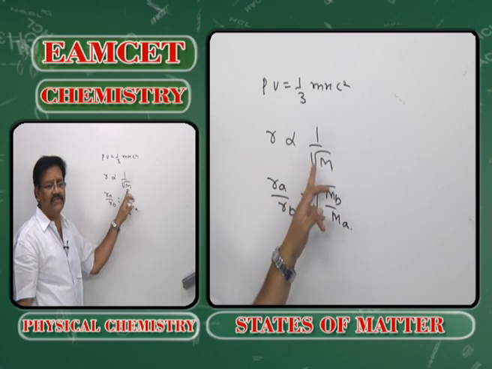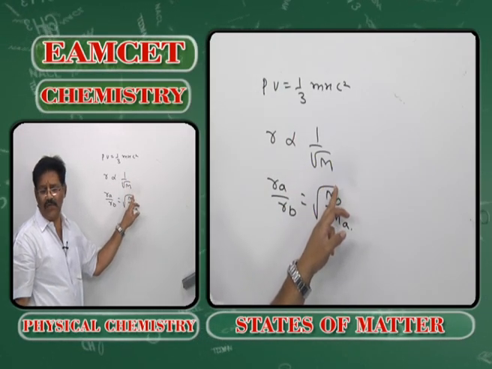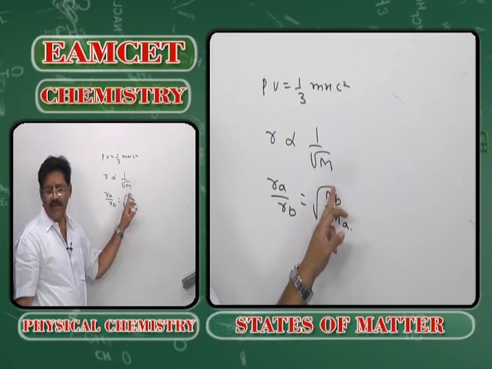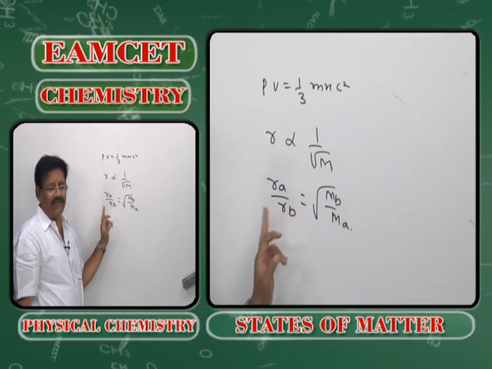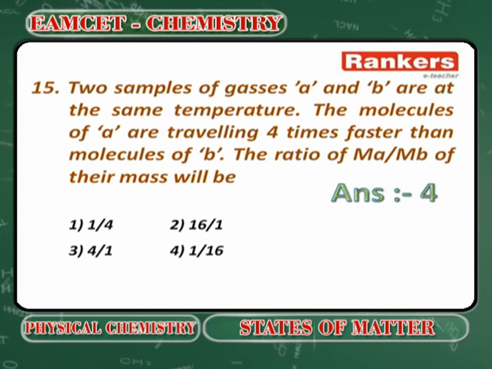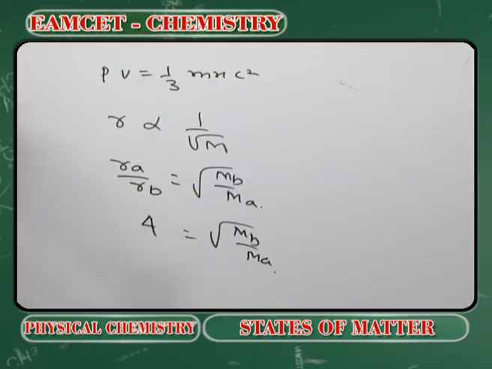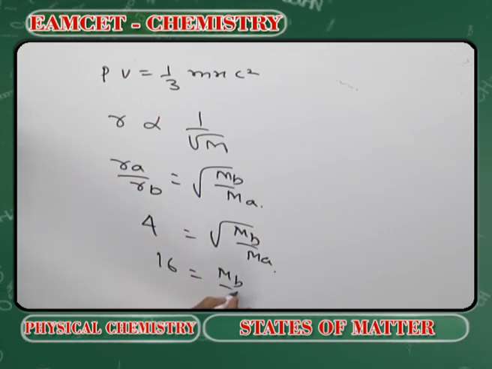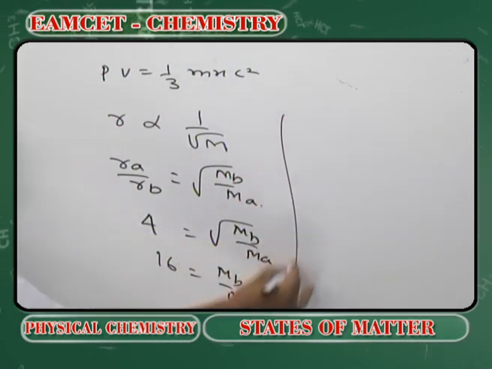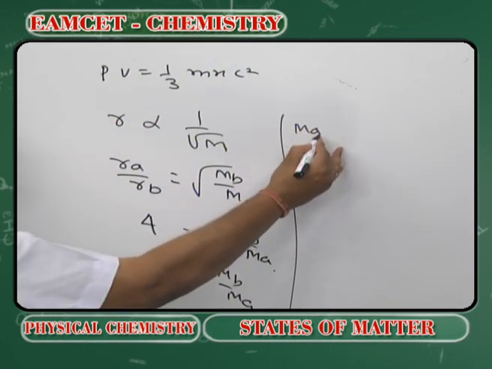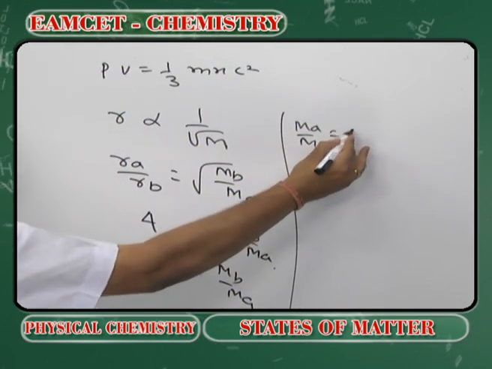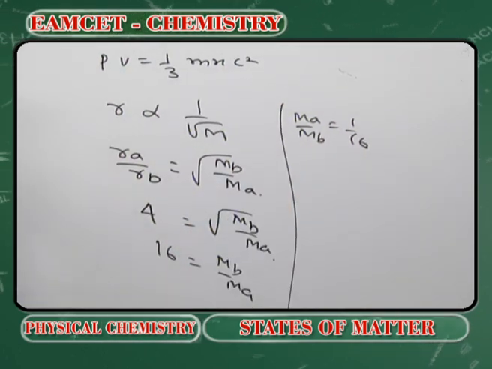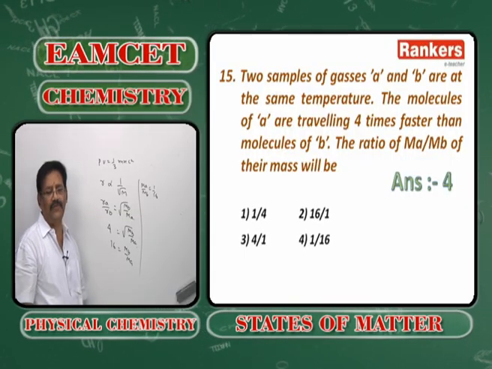Now molecules of A are traveling 4 times faster, so this value is 4 equals root of MB by MA. Squaring, 16 is equal to MB by MA, so MA by MB is equal to 1 by 16. This is option 4, the answer.